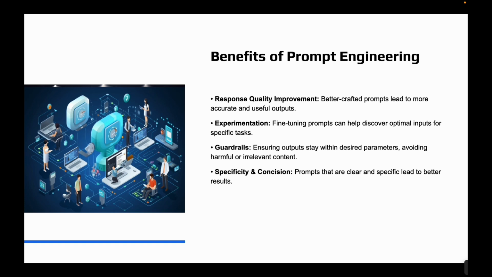The AI is able to form a smooth, cohesive process in order to compartmentalize the data into its desired output. Experimentation, which is fine-tuning the prompts, can help discover optimal inputs for specific tasks. Guardrails, as you've seen with negative prompting, can ensure outputs stay within desired parameters, and overall, you get a clear and specific output.